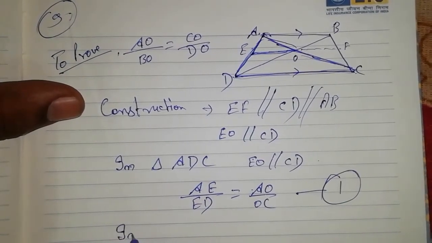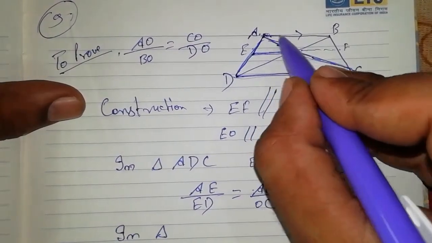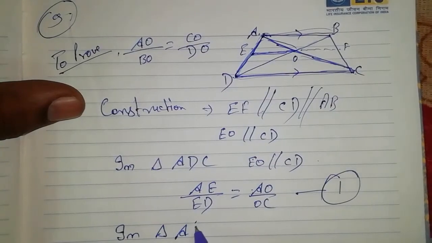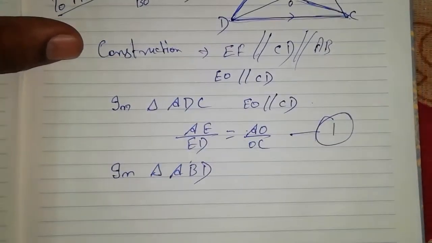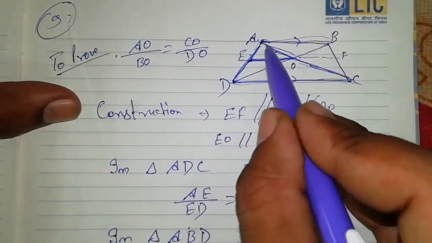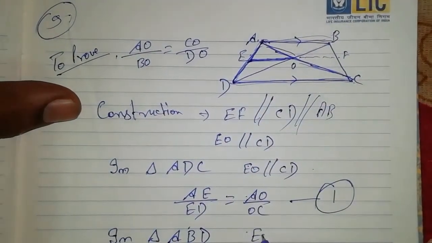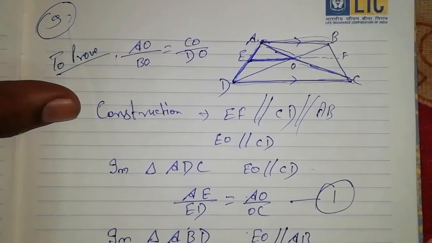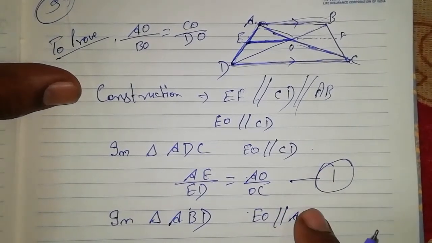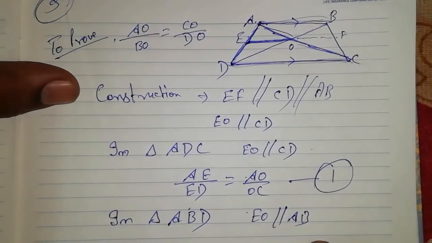Now look at this triangle ABD. In this triangle also, EO is parallel to AB, because if it is parallel to CD and AB is parallel to CD, then EO is automatically parallel to AB.